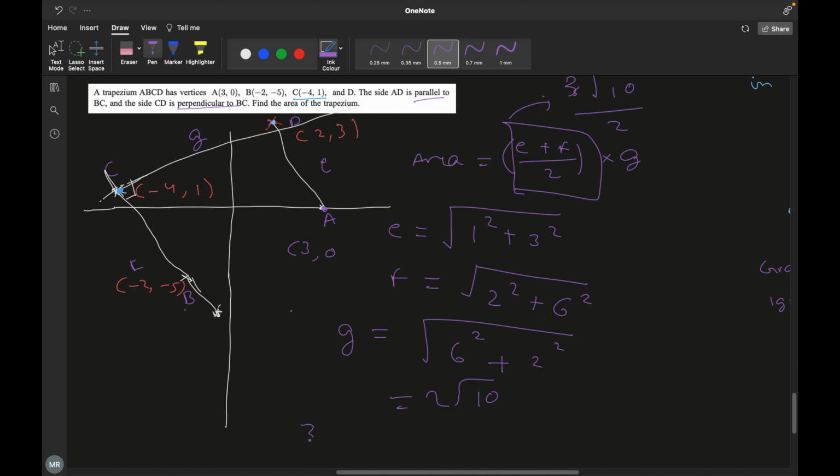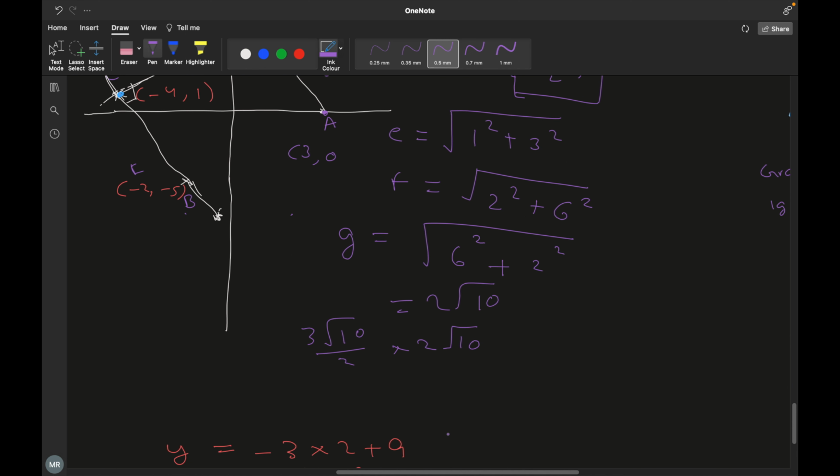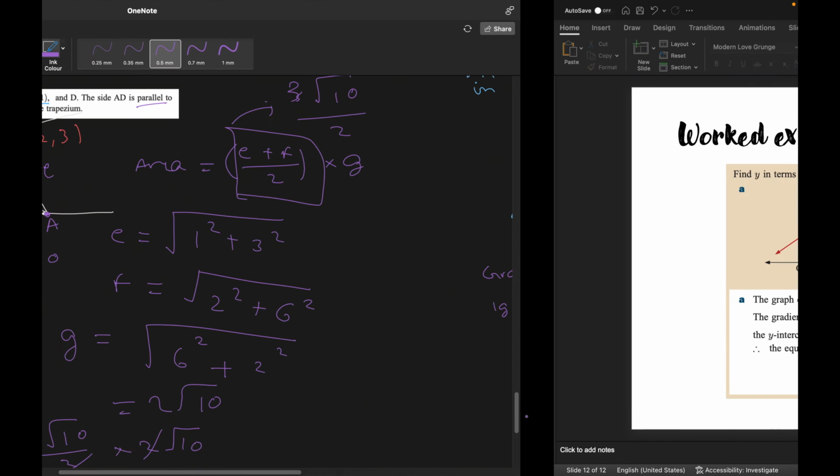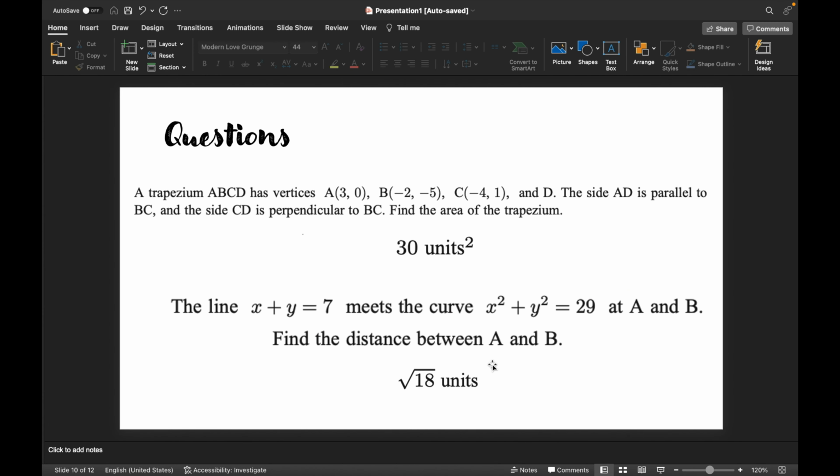So 3 root 10 divided by 2 into 2 root 10. This and this get cancelled, so that will be 3 into 10, which is 30 units squared. So that's our answer.